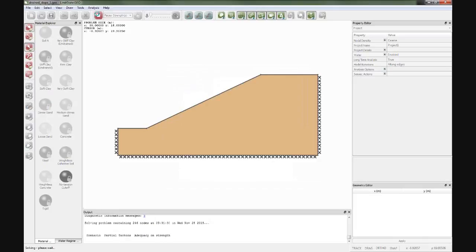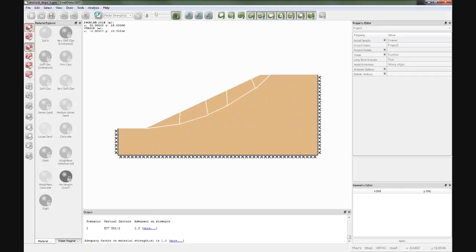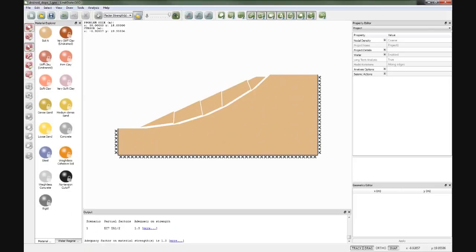So if I solve again, I will get a slightly different answer. I think it comes out as 1.3. Yep, so we get an answer of 1.3.